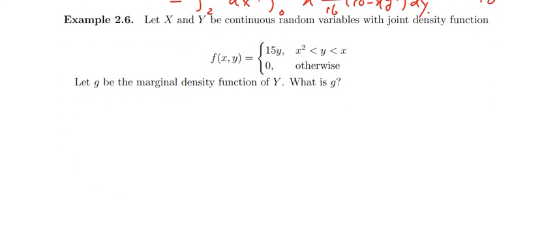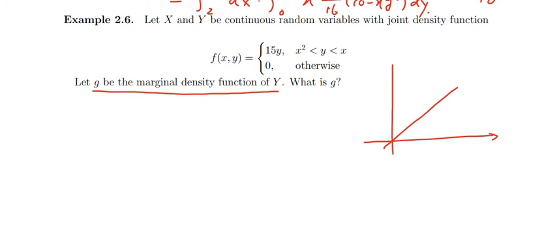For this one, we want to find the marginal density function for y. So let's see what the marginal density function of y is. This joint density function is in the region between y equals x and y equals x squared. This line is y equals x, and this curve is y equals x squared.